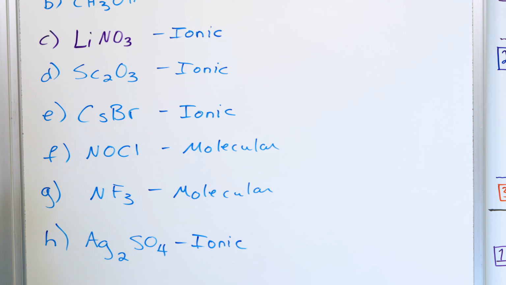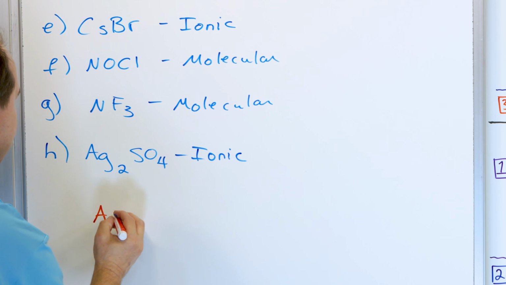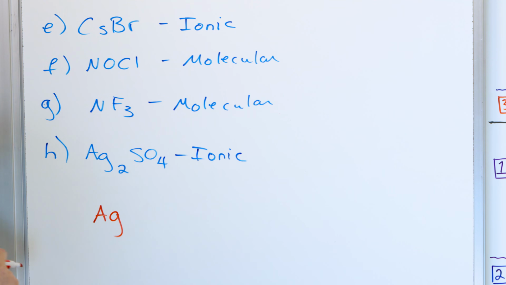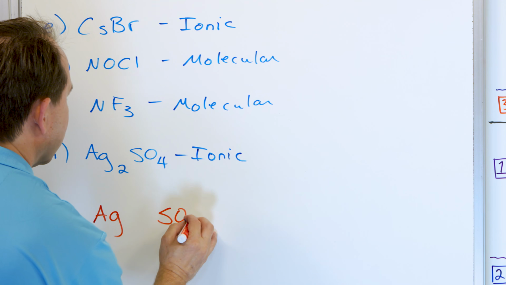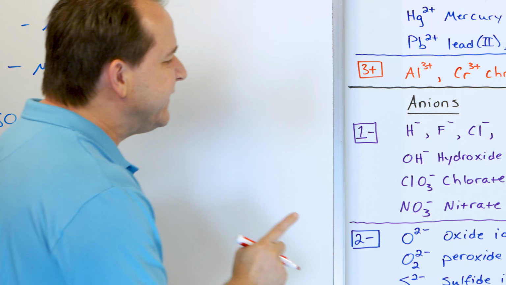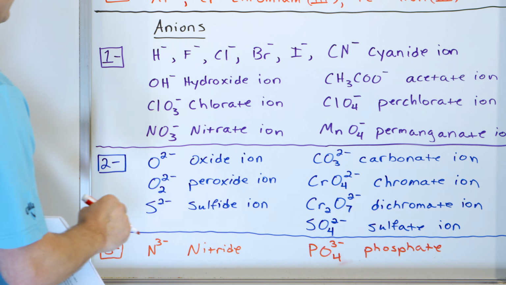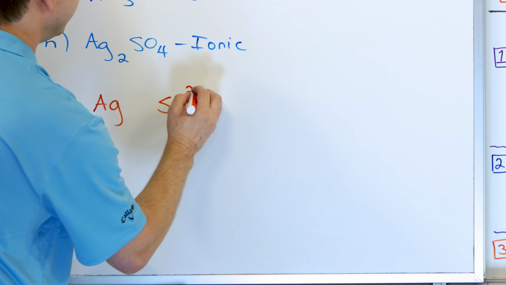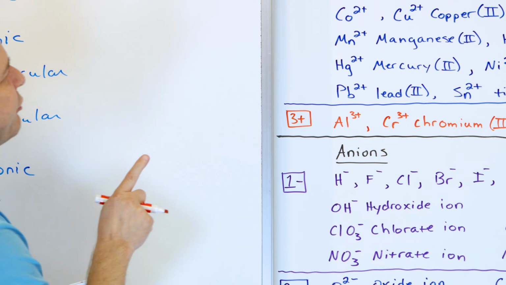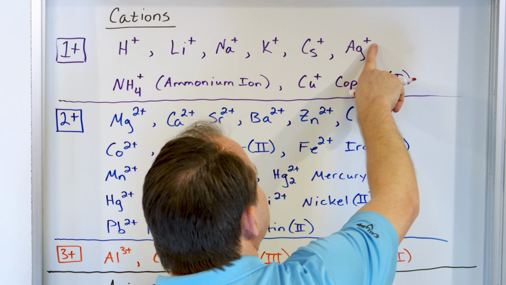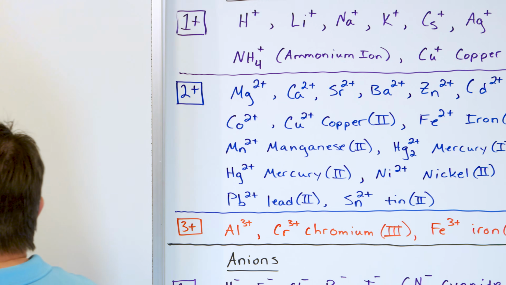Even though this is not really part of the problem, we'll just pretend that we didn't know what this is. Let's say we're going to attach silver with SO4. But SO4 we know exists as a polyatomic ion with a charge of -2. So we just put the -2 right there, and we know from our chart that silver generally likes to form ions with a +1 charge.